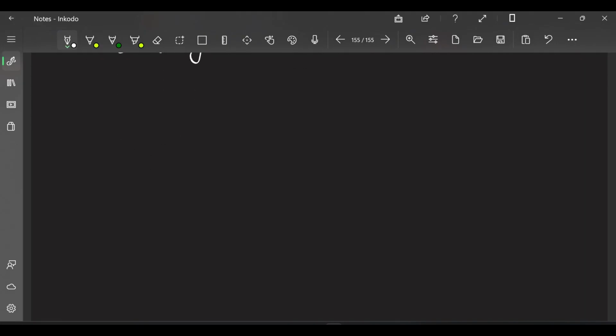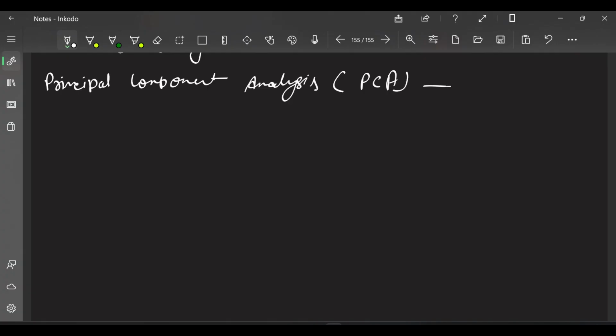Okay, so let's see what it is. Principal component analysis, or in the short form, you can call it PCA.